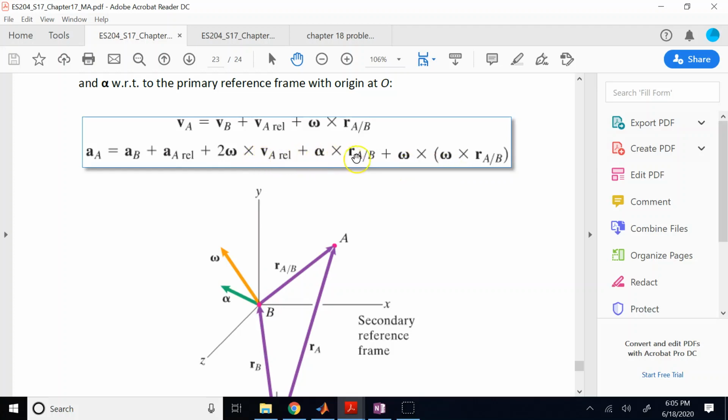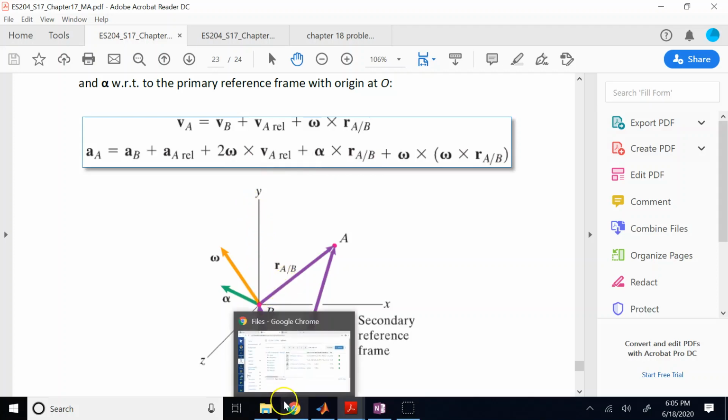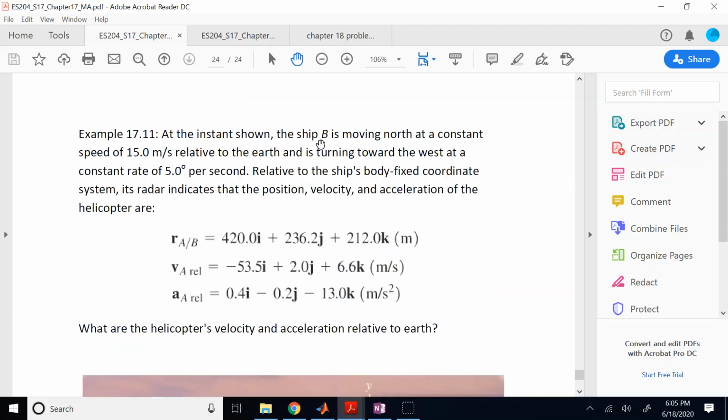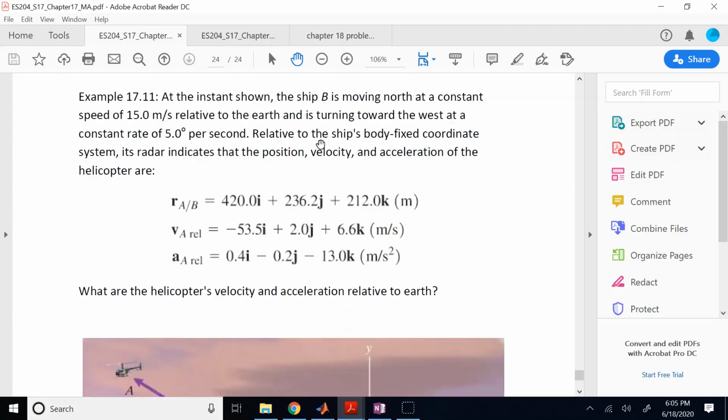And all of these 3 terms come into existence because of rotation of the moving frame with respect to the fixed frame. So we have seen these formulas in section 17.6 and how they are derived, so nothing new. It's just the application that I want to emphasize.